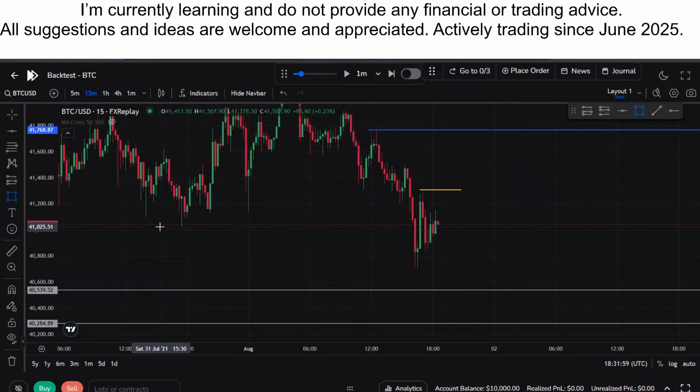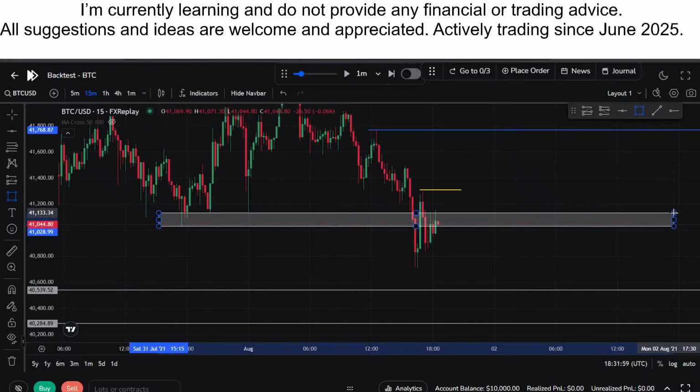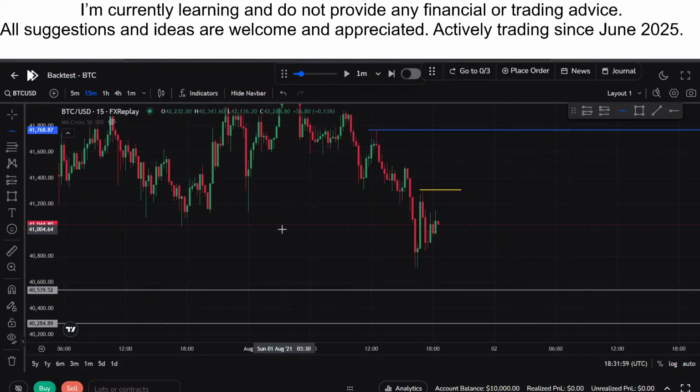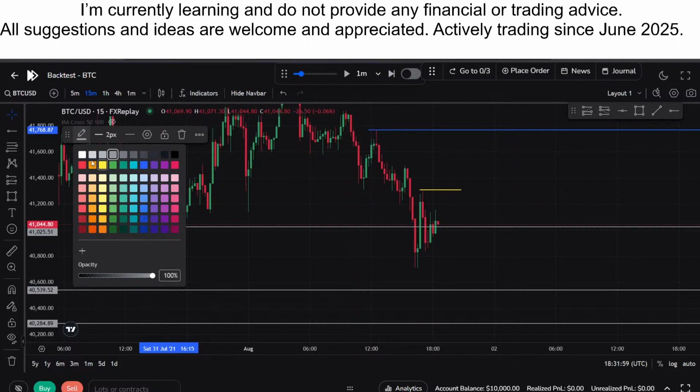Just delete this and then put this liquidity. Actually, I will not delete this, I will just put this. Okay, this is the liquidity area.